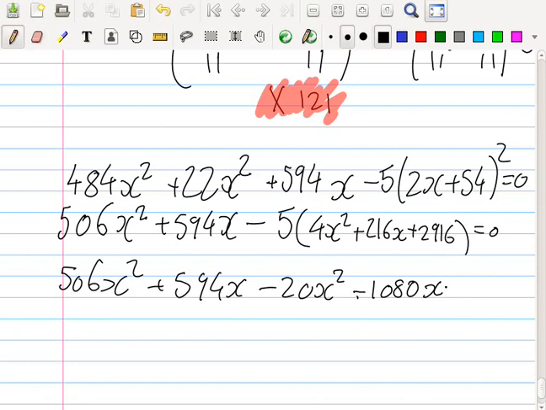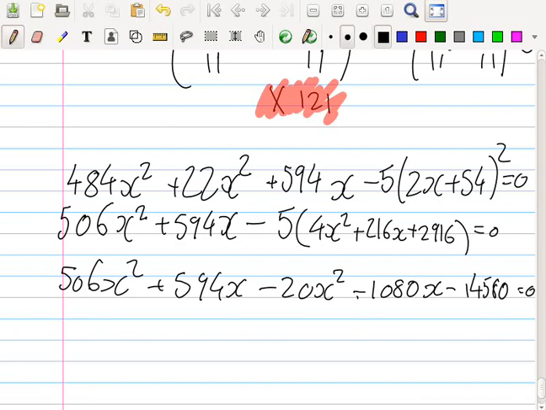And then the last one, 5 times 2,916, 14580. And this is equal to 0.